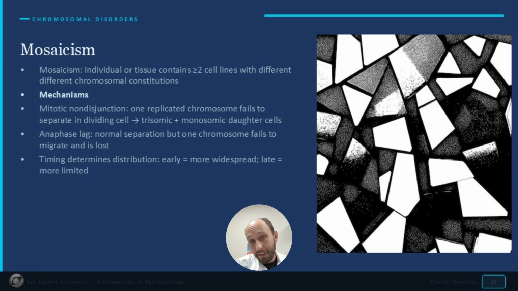If one of those cells at an early stage develops chromosomal non-disjunction, the daughter cells will have different numbers of chromosomes, and then they will continue to duplicate themselves. This way you can get an individual with some mosaicism downstream in their cell line.